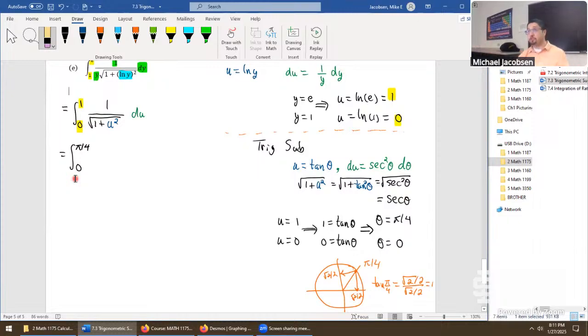But this means we don't have to do 2 layers of undoing a substitution, one of which is technical because it's a trig sub. We're just going to take 1 over root 1 plus u squared, follow our nose down to this on the margin, which is secant theta, times, from this portion du, go to where your substitution was, it's now secant squared theta d theta, and after simplifying, we're only integrating from 0 to pi over 4 the function secant theta.